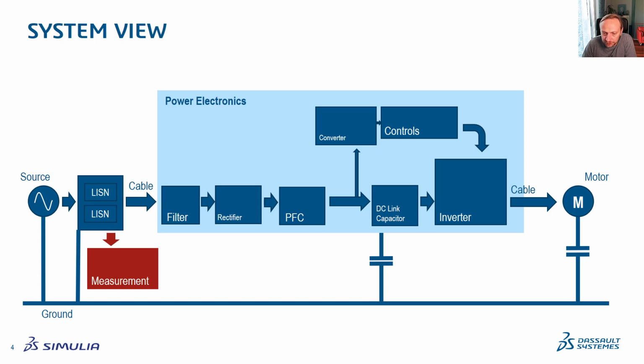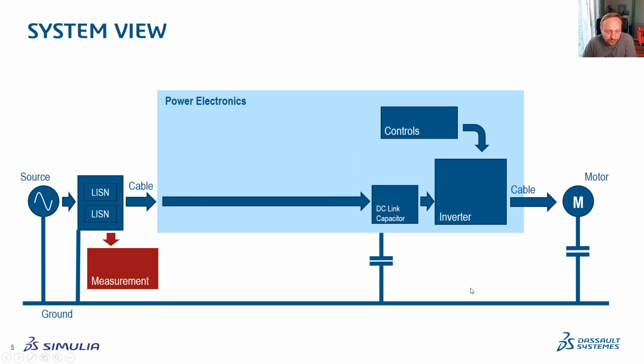emission of an inverter. We will start a little bit simpler first. First of all, for the controls, we will assume a fixed load and a fixed operating condition, a fixed PWM signal in the end. So we will not include the controlling in the EMC simulation. It's typically not done simply because it would make the simulation a little too complex.